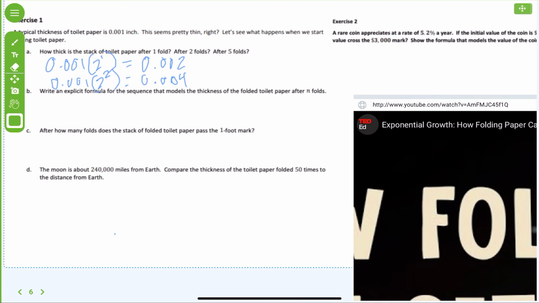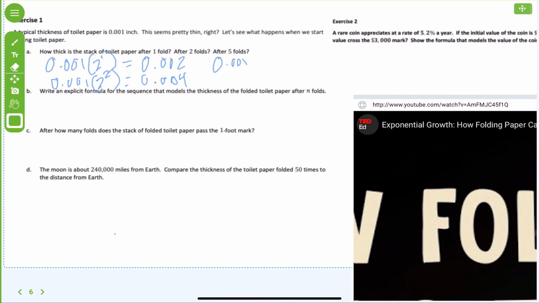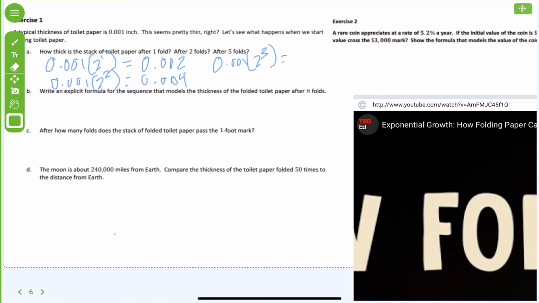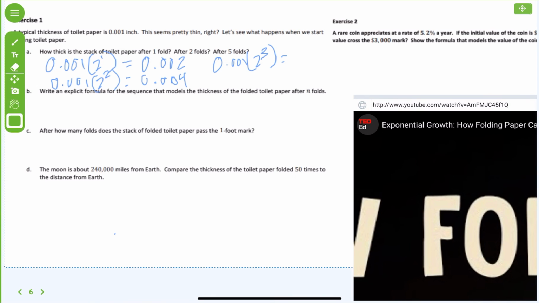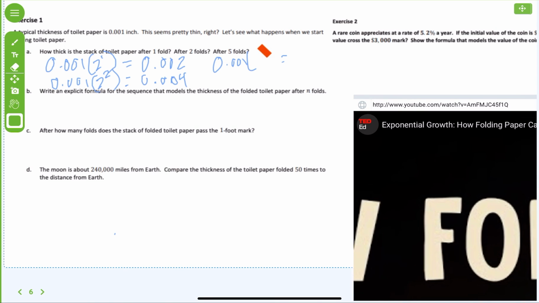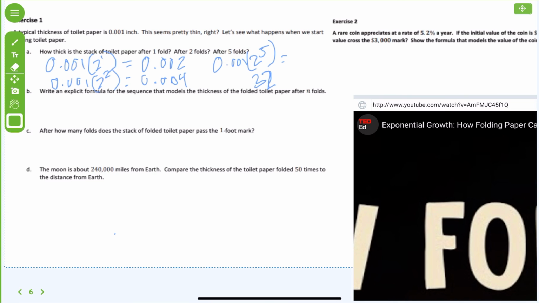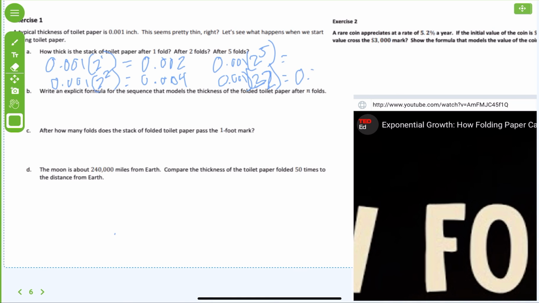After 3 folds, 2 to the third is, oh no, it doesn't even want 2 to the third. It wants 2 to the fifth, sorry. 2 to the fifth. Well, 2 to the fifth is 32, okay, which is going to be 0.032 inches.